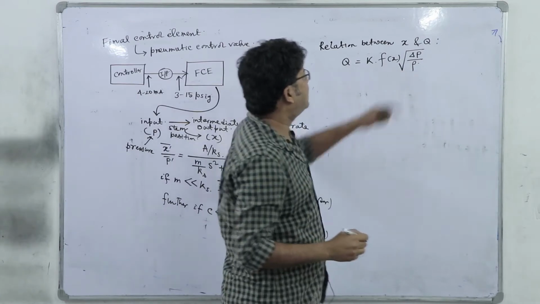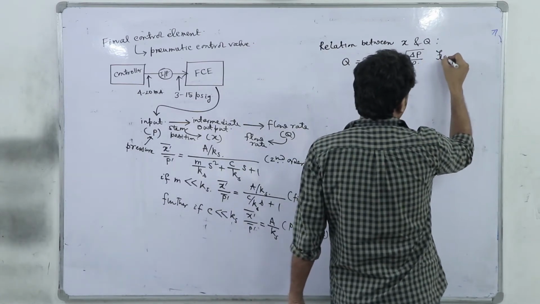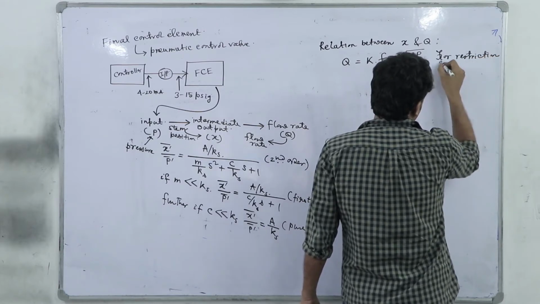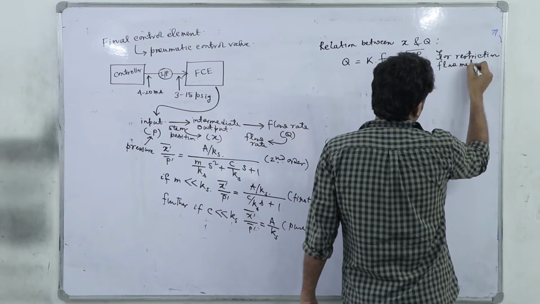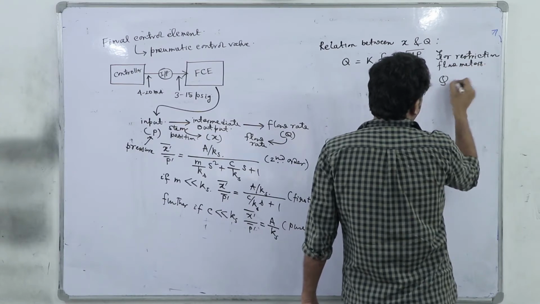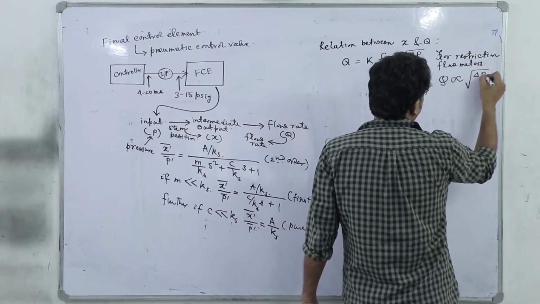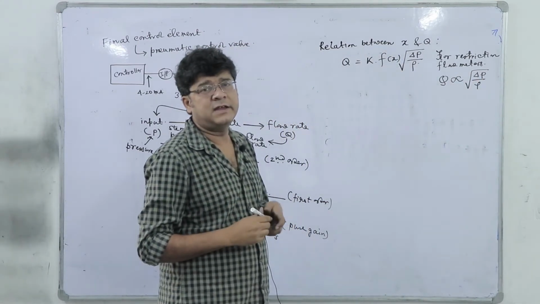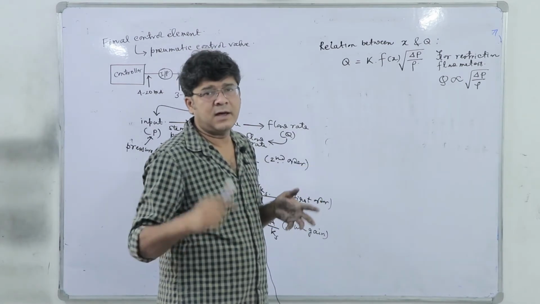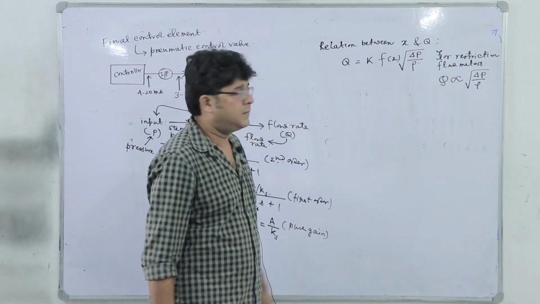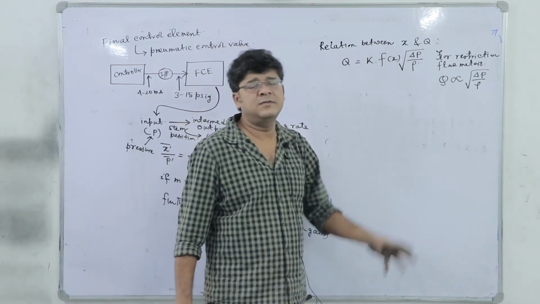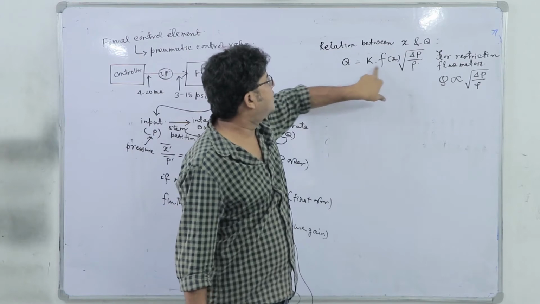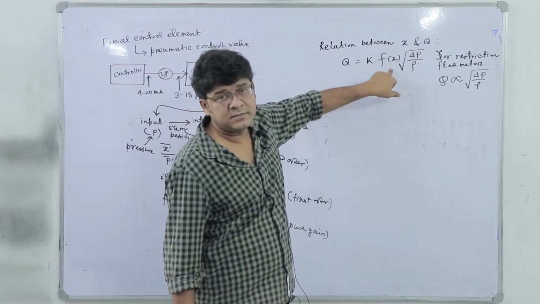So you see that for orifice meter or restriction flow meters, q is proportional to under root of delta p by rho. So there is a similitude, but this discharge coefficient, then 1 divided by under root of 1 minus beta to the power 4, that is the velocity of approach factor. These terms we have dropped in the control valve and replaced by a constant and a function, right.